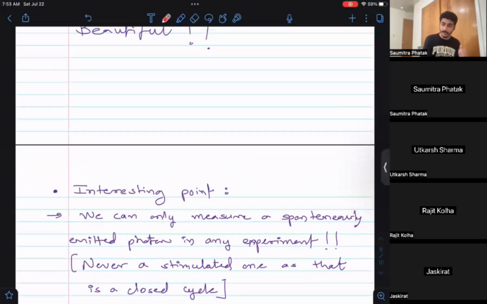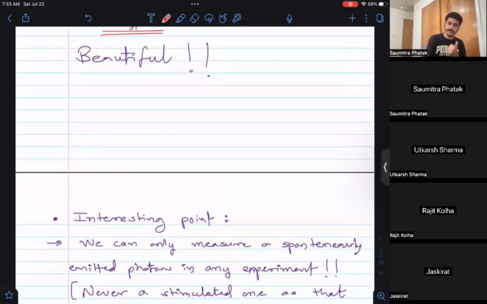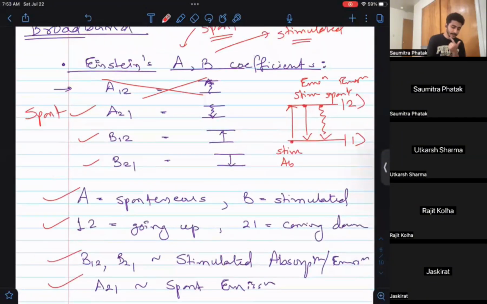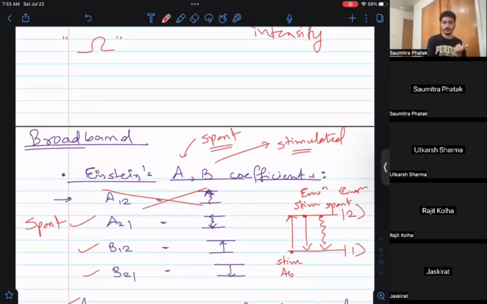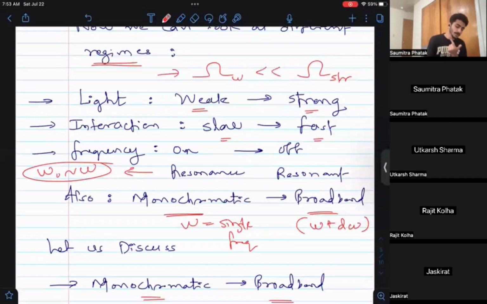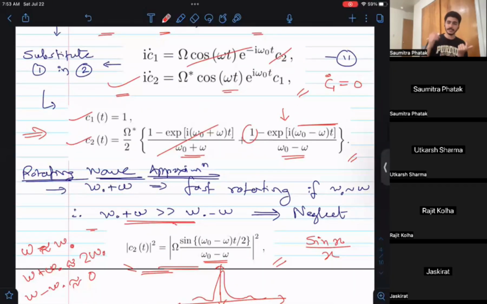So I think in today's lecture, what we have covered essentially is Einstein's A and B coefficients, and we have also covered the entire derivation, which helped us go from the coupled differential equations to the solution of the individual coefficients of the two levels, which are time dependent now.